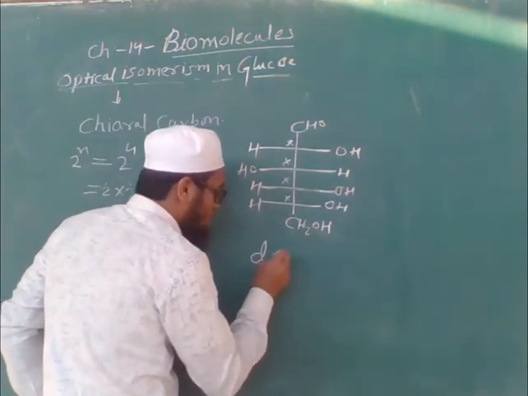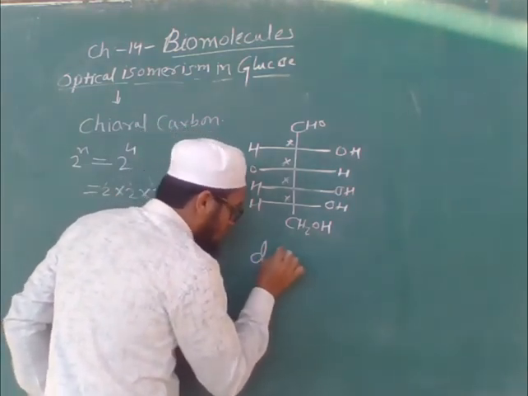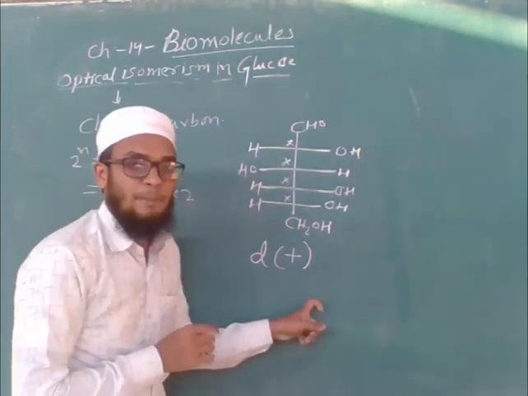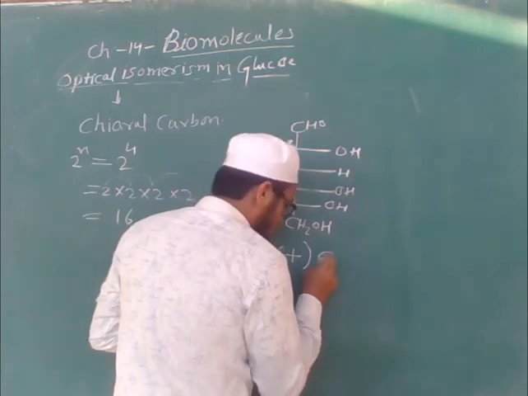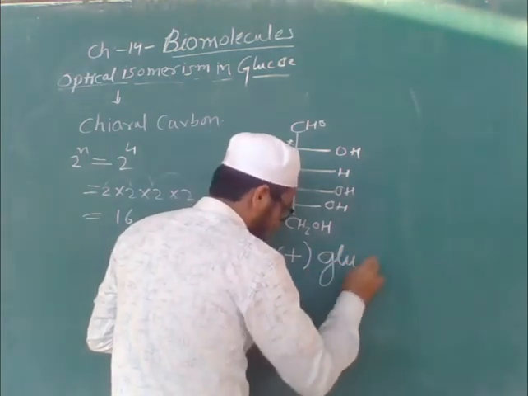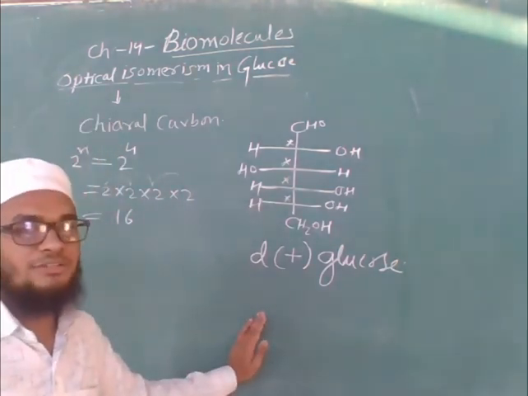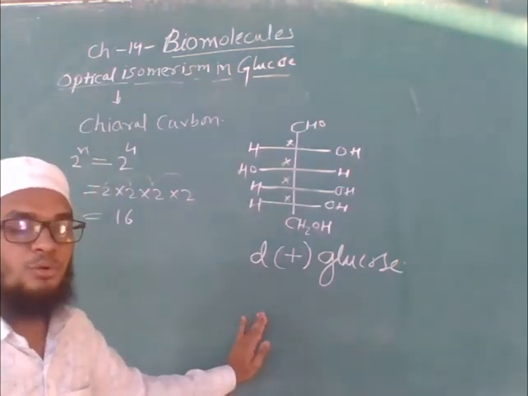That's why it is called dextrorotatory. It can be represented either with the D sign or with the plus sign. D glucose. This is our structure, D glucose.